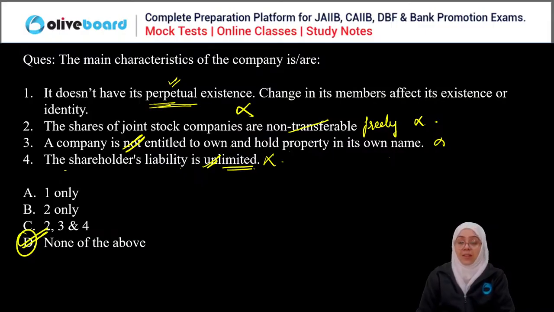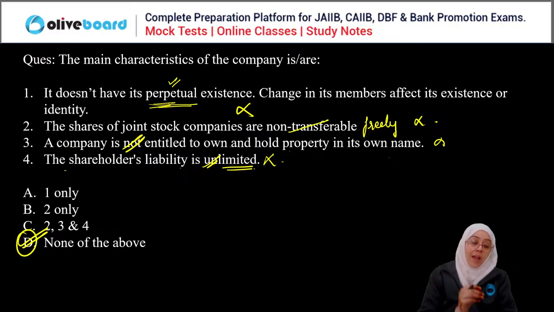Perpetual existence means that when there are changes in any members, directors, shareholders or stakeholders, it will not affect the existence or identity of that company. That is called perpetual existence.